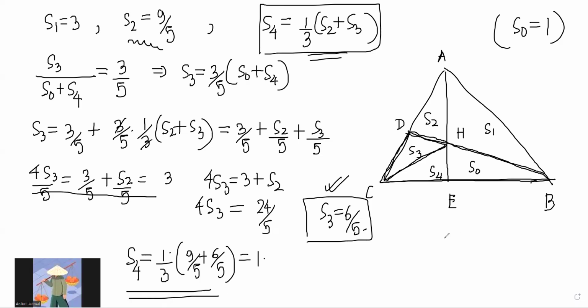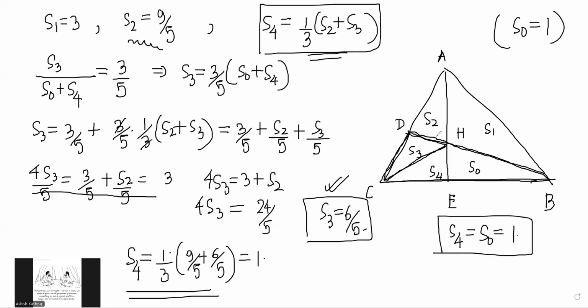So we are getting now S4 is equal to S0 is equal to 1, right? Somehow we are getting that S4 and S0 have the same area. So they have the same height clearly. So their bases must be the same. If their area is the same and they have the same height, then the base will be the same.